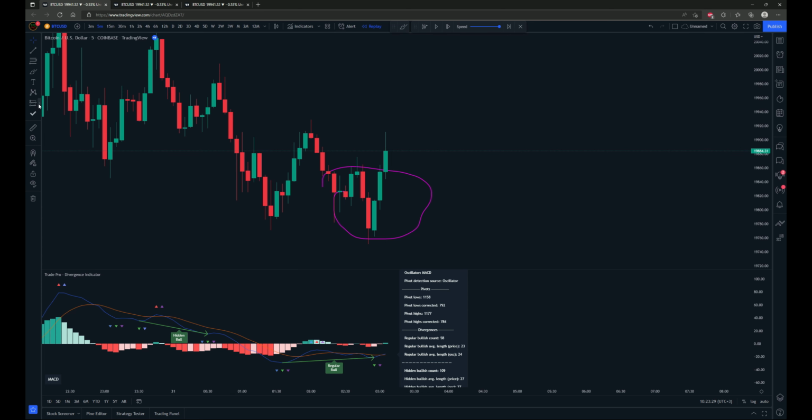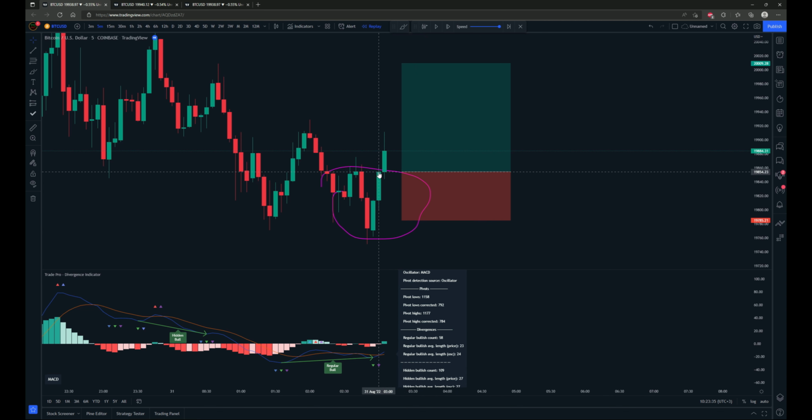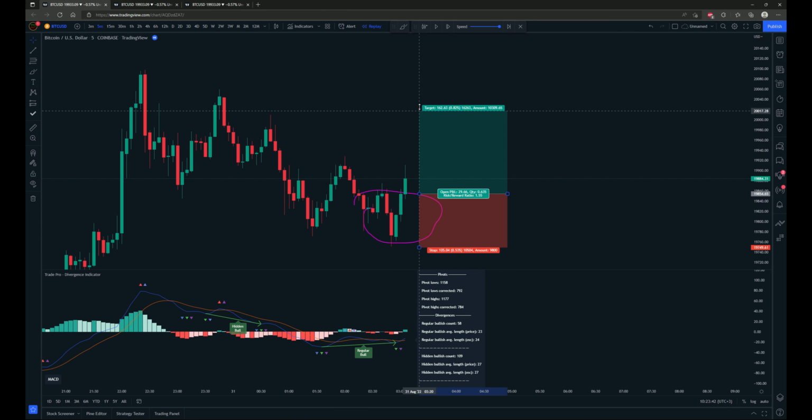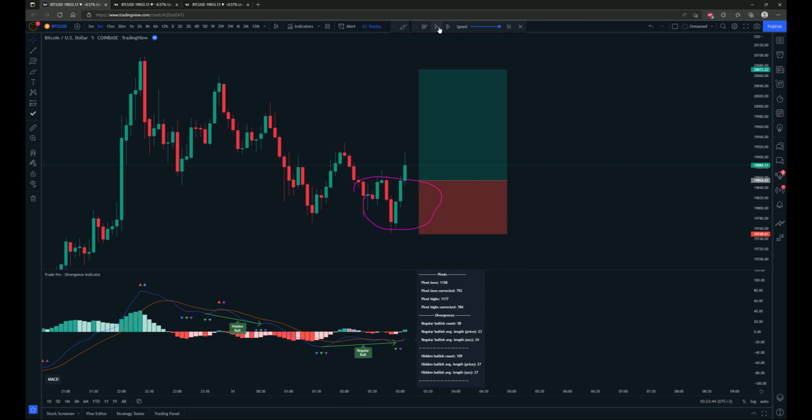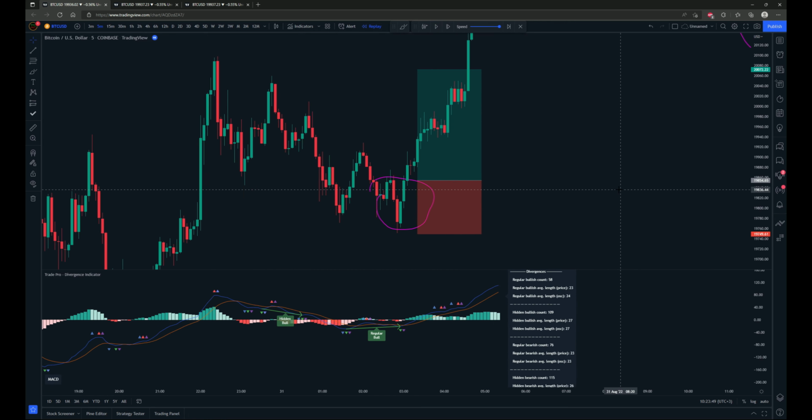So we'll put up a risk to reward ratio tool and visualize it. So that was where it detected it, right here at this candle close and this candle's opening price. So that would be a potential trade entry if that's how you're trading. And then we can play it out, and so hopefully that makes sense.